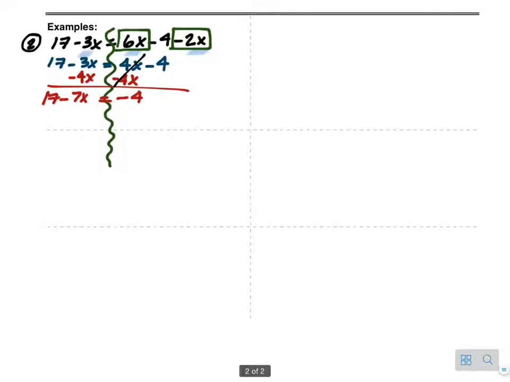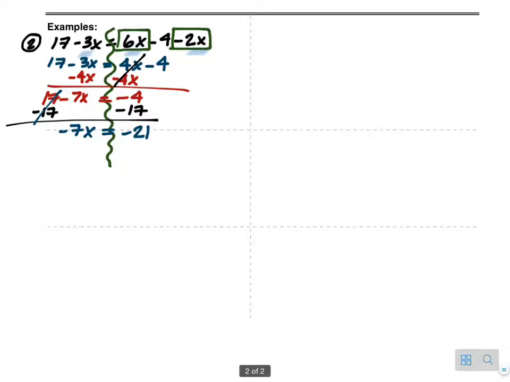From here, I'm going to try and isolate x. So I need to get rid of everything near the x. So first, we are talking about a two-step equation. And that means I need to get rid of the term being added or subtracted. So let's get rid of the positive 17. So subtracting 17 on both sides. I get negative 7x is equal to negative 21.